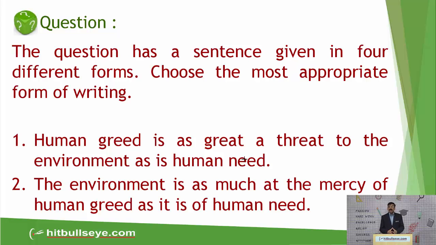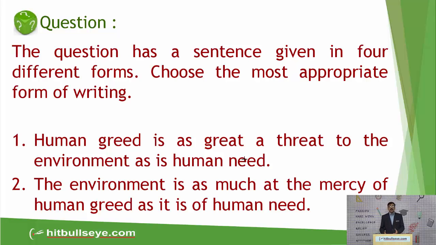As we know, greed is more dangerous than need, but the context says that sometimes even need can be as dangerous as greed. So you need to pick the sentence where need is also highlighted as dangerous, because greed is always dangerous. There is no point in picking that greed is dangerous over need, as that is a very obvious fact.